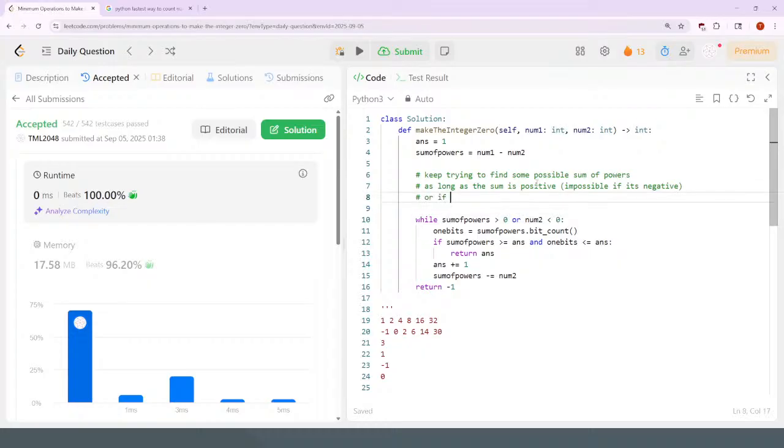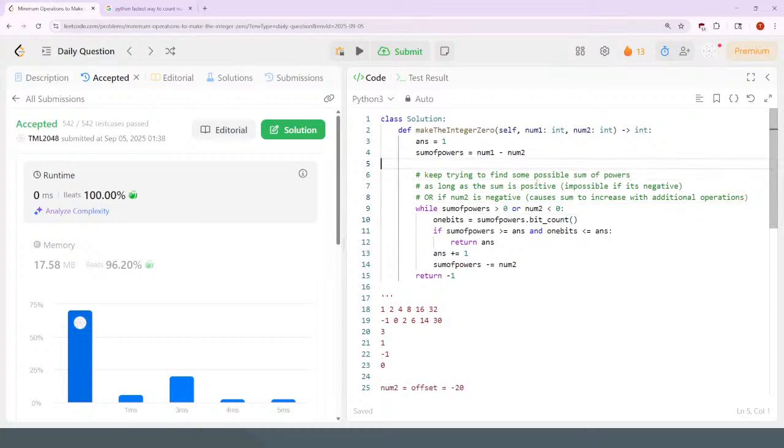Or if num2 is negative, which causes the sum to increase with additional terms, with additional operations.